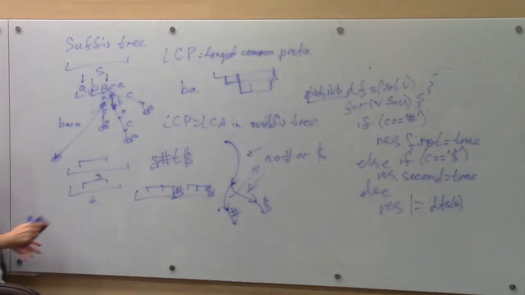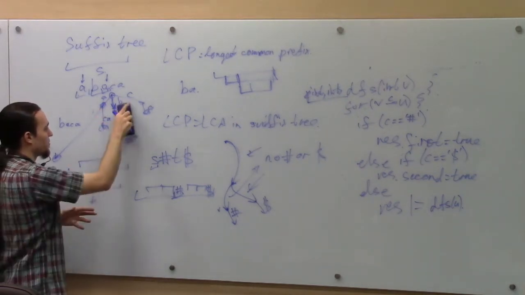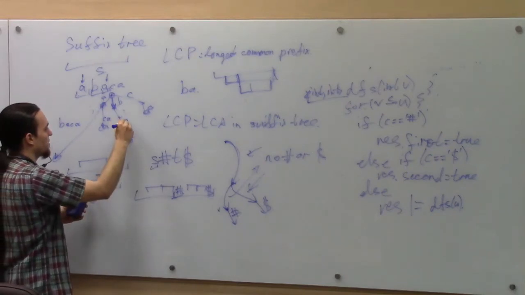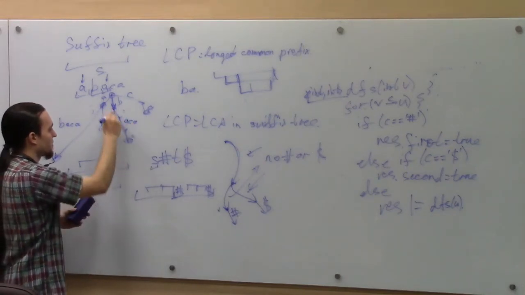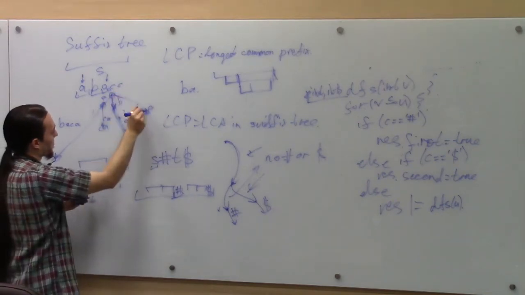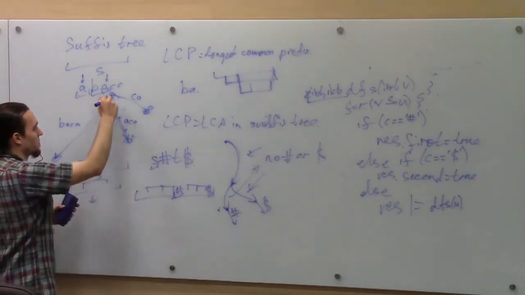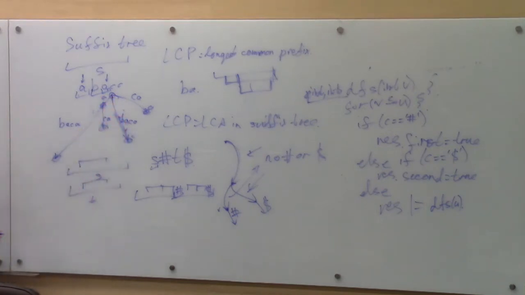And if we do this for all edges, this is going to be CA, this is going to be ACA, so this is a single arrow now, and this is going to be CA. Okay. So what we have obtained now, I think this is compressed as well, right? So BACA.